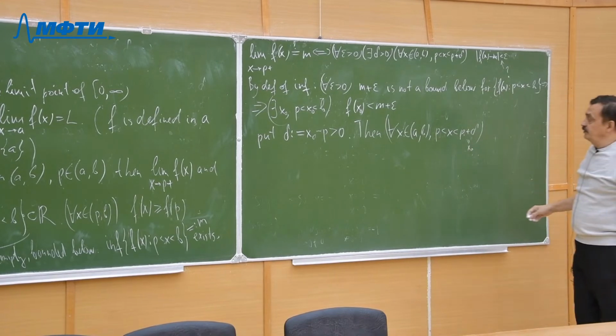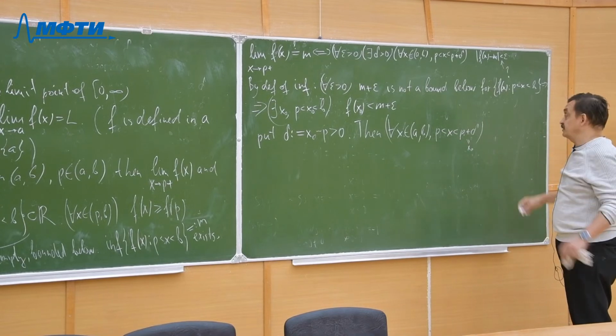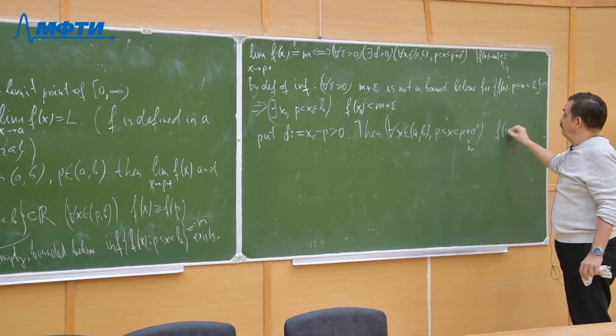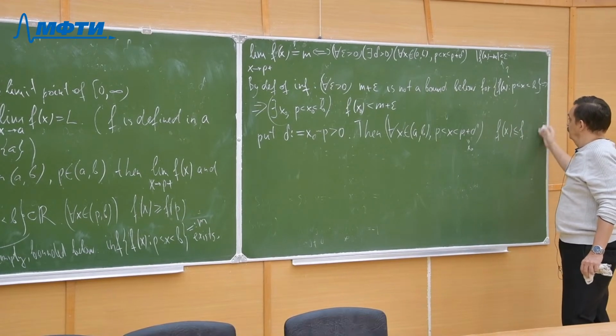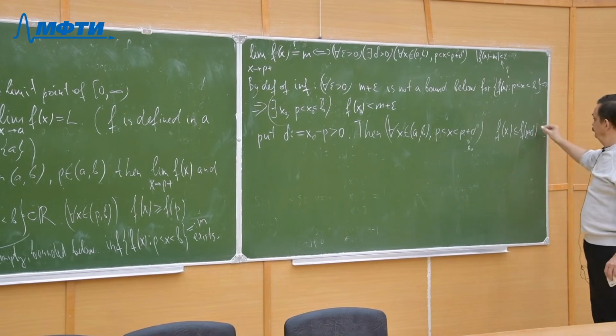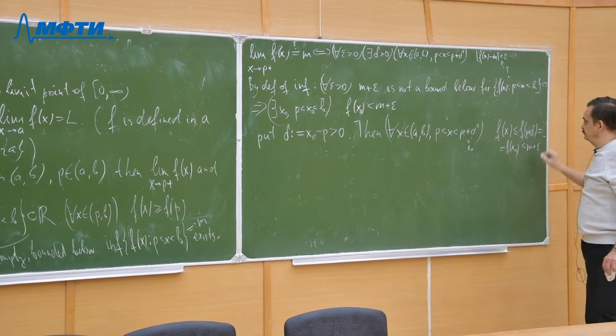So because of monotonicity of the function f, we have f of x less or equal f of p plus delta, which is f of x naught, and that is less than M plus epsilon.